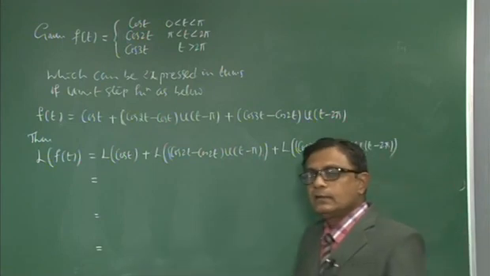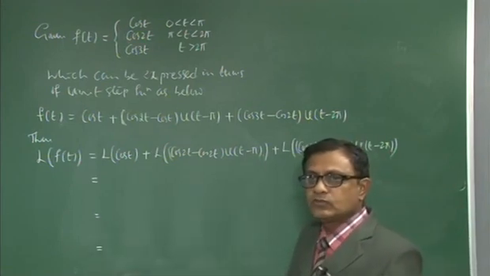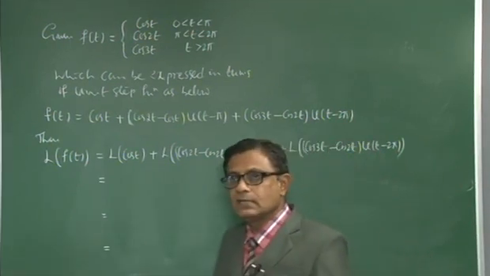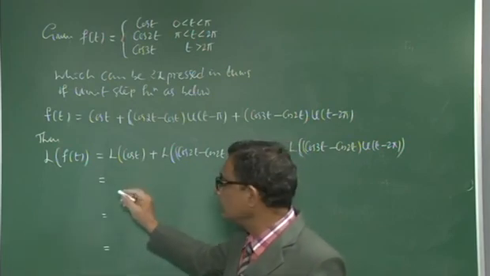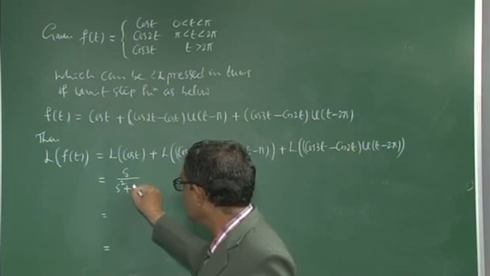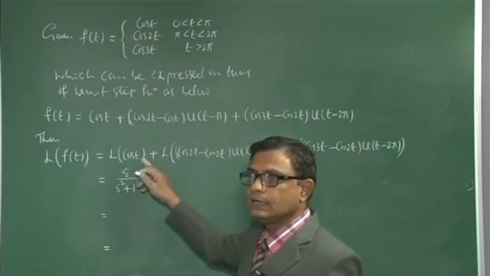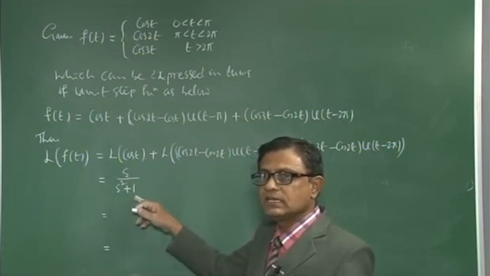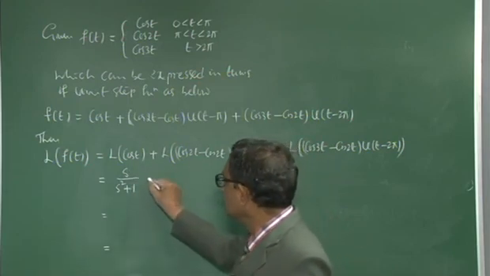You have taken the Laplace transform on both sides. Now, what is the first term? L of cos a t, one of the standard formulas, s divided by s square plus a square, a is here 1, so s divided by s square plus 1, plus.